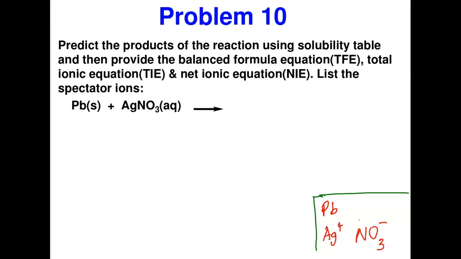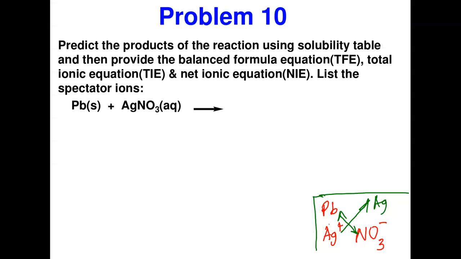Now what is it going to do? They're going to swap their partners. Look at what's happening here. Lead will go and join this one. But silver doesn't have anyone to go to, so silver is just going to be alone as Ag solid. That's what is going to happen to it. So we now go back and finish it up.